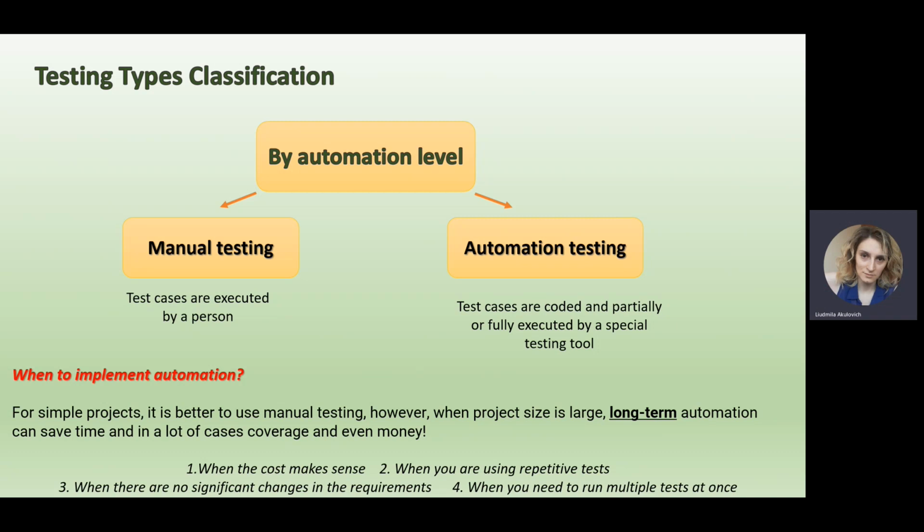But be very attentive: despite the fact that it is a very popular testing type, it still cannot be implemented on all projects. Here you can see aspects of the project that influence the possibility to implement automation. So for a simple project, it's better to use manual testing, but if the project is large and long-term, you can see that this is underlined in bold, because automation testing mostly works for long-term projects.